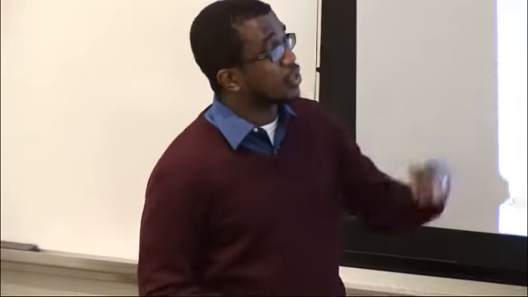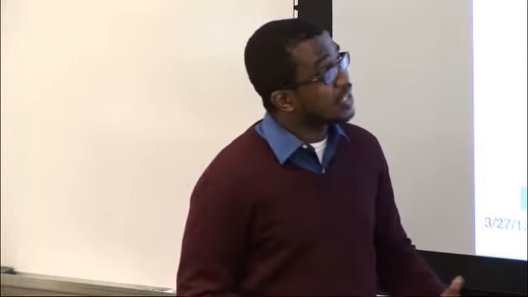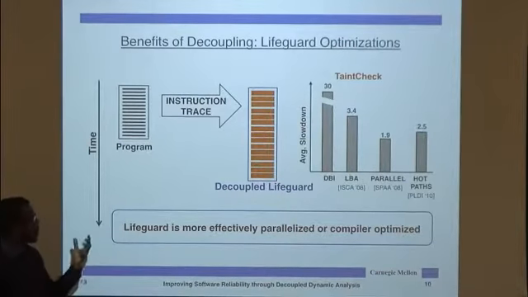And I have some results here where we see the average slowdown for TaintCheck, on top of the improvements we had before by simply separating them, we could actually get additional improvements. By parallelizing, we could get the average slowdown of TaintCheck down to about 2x, and by applying some interesting path-based optimizations on the Lifeguard code, we could get the slowdown down to about 2.5x.